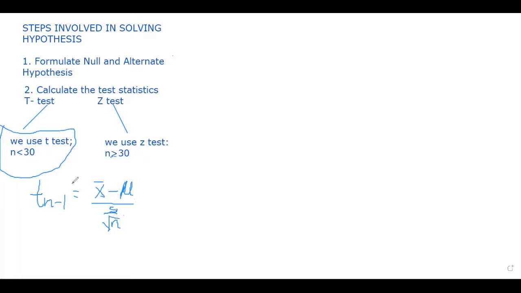This is how you compute. And n minus 1 here is the degrees of freedom.